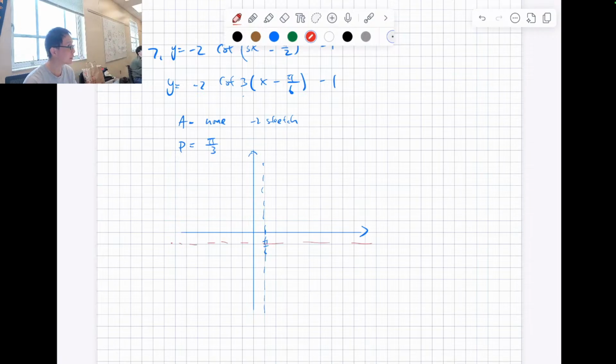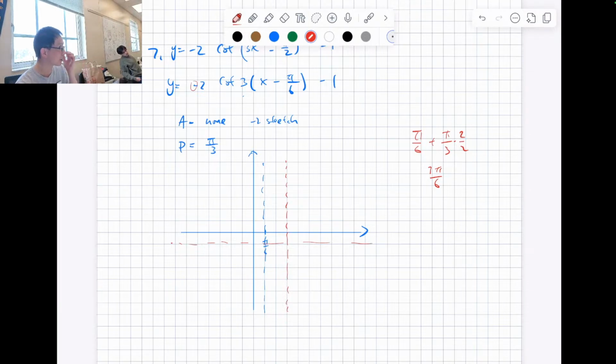From pi over 6, add the whole period, which is pi over 3, or 2 pi over 6, so it'll be 3 pi over 6. At 3 pi over 6, it will give you another asymptote. Is that okay? And then the cotangent is negative.